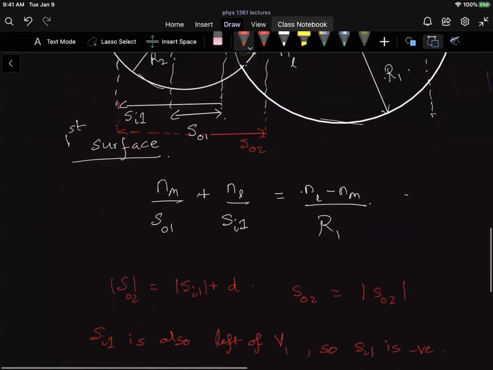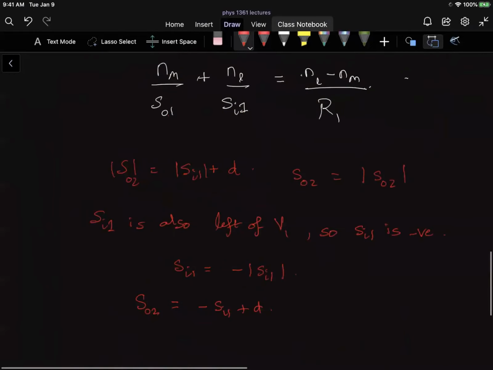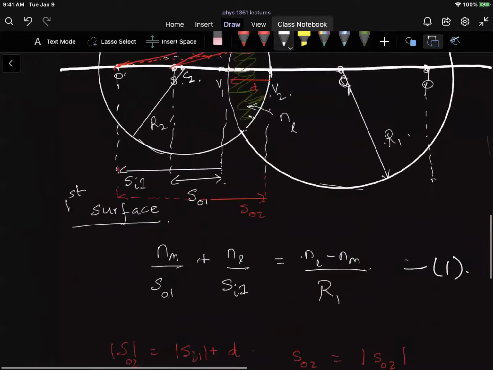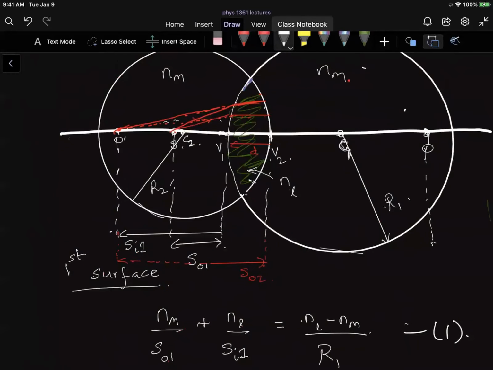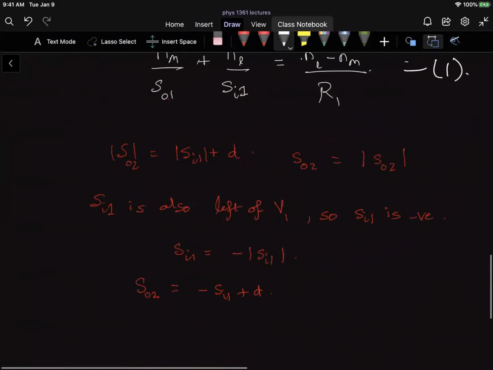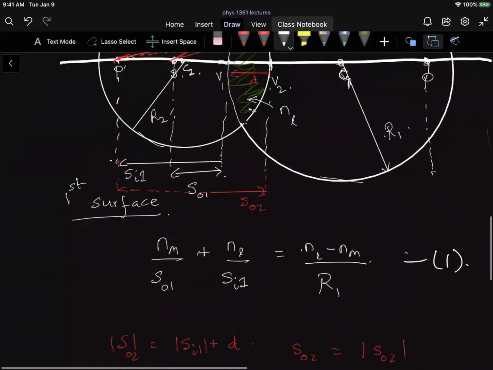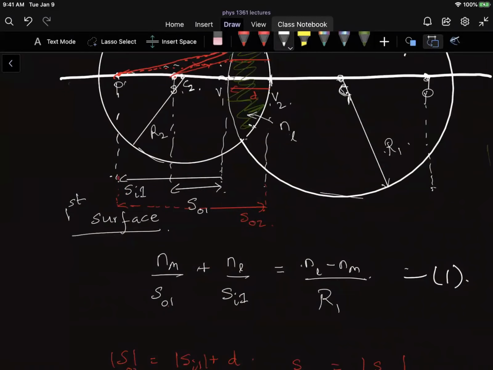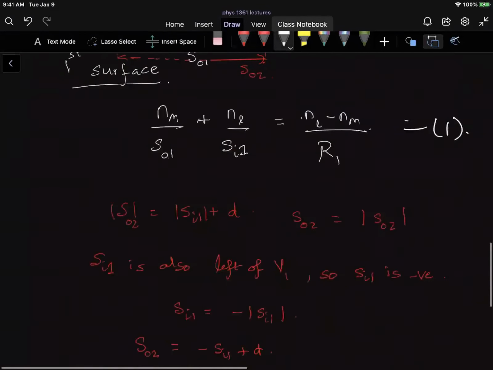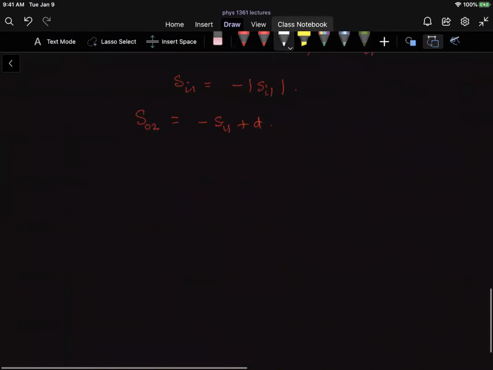Because when we solve for SI1 from the first equation which I wrote over here, SI1 will come out negative because it arises to the left of V1. And therefore, to correctly get the object distance SO2, I must take the negative of that SI1 and add it to D. And as you can see, that will give us exactly SO2 by this construction over here. Okay, so now we can do the second surface.